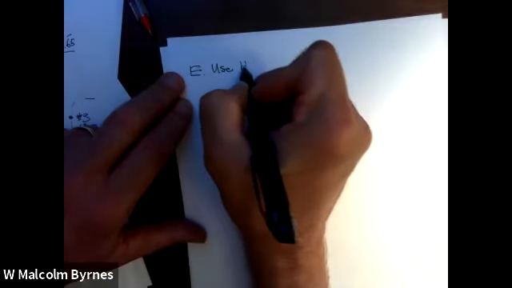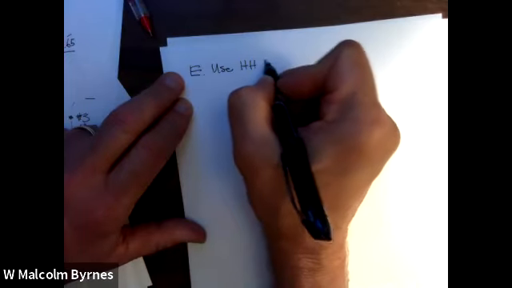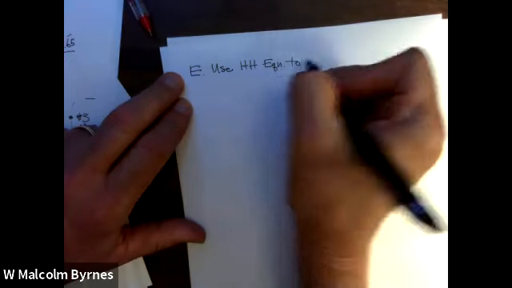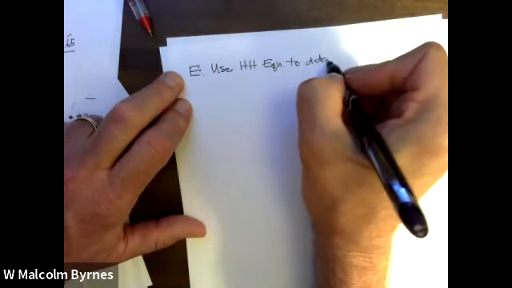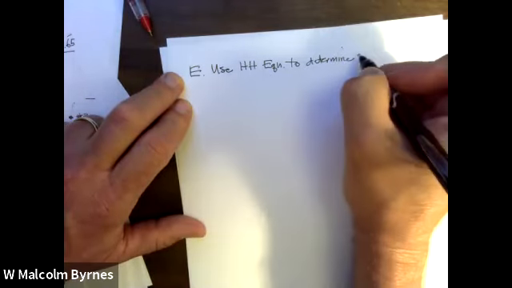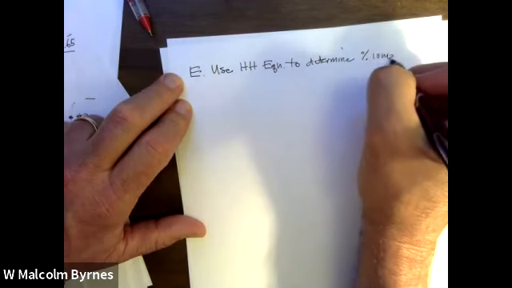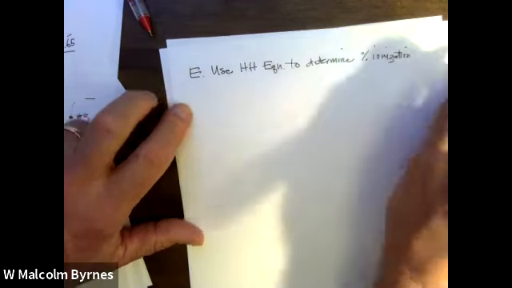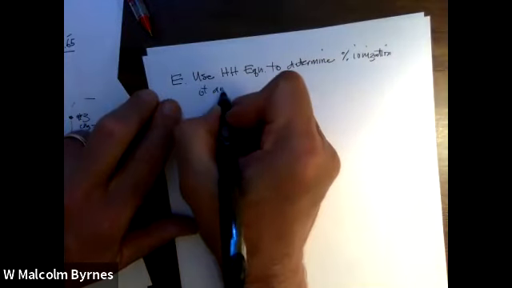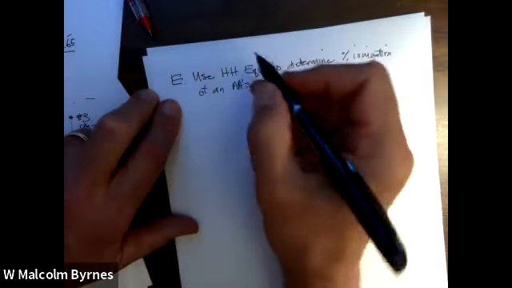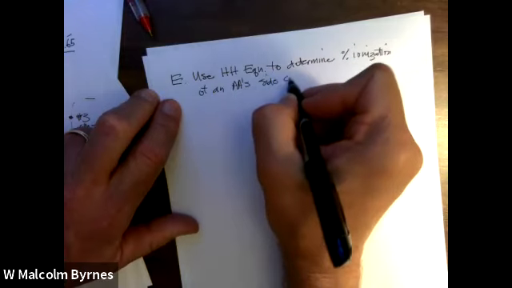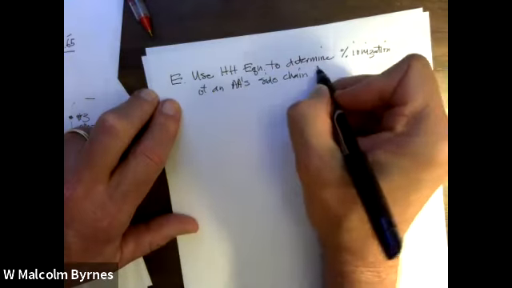Finally, use the Henderson-Hasselbalch equation to determine the percent ionization of an amino acid's side chain in a peptide.